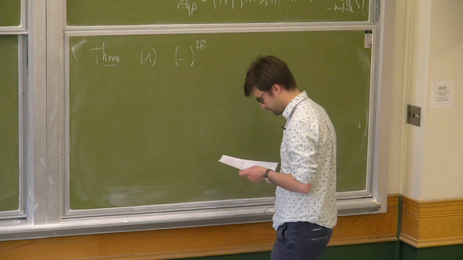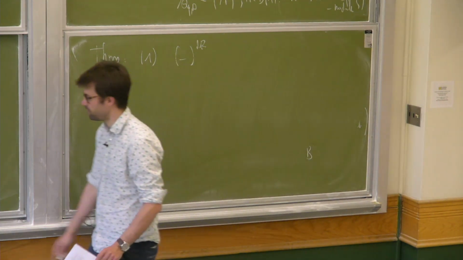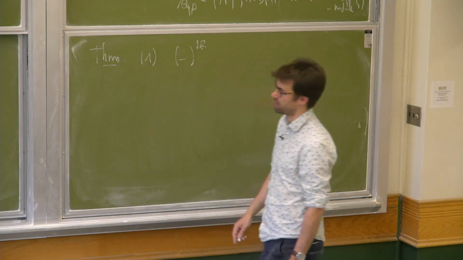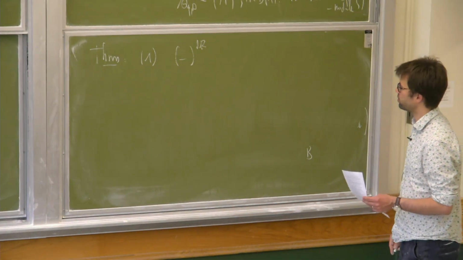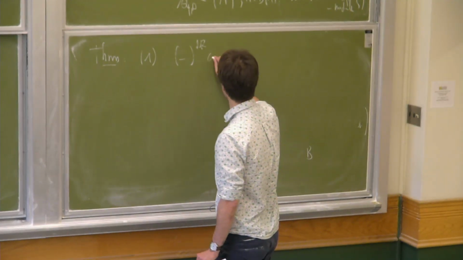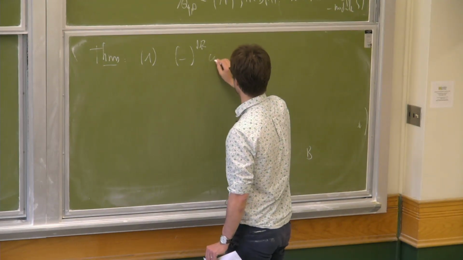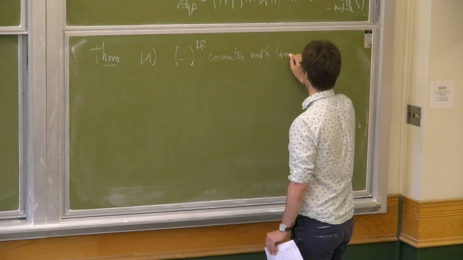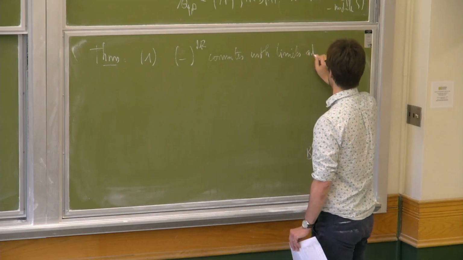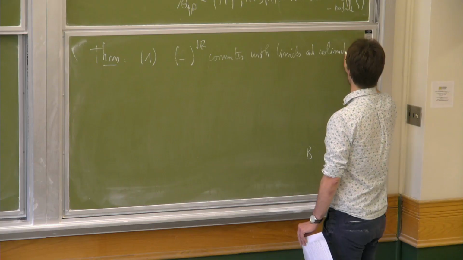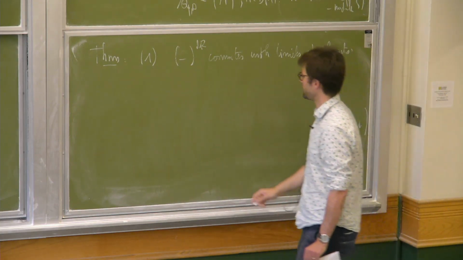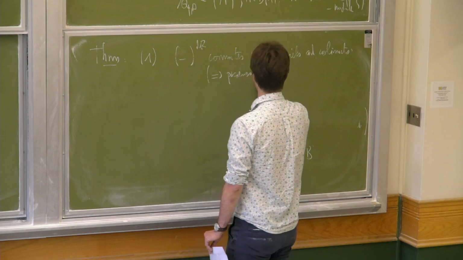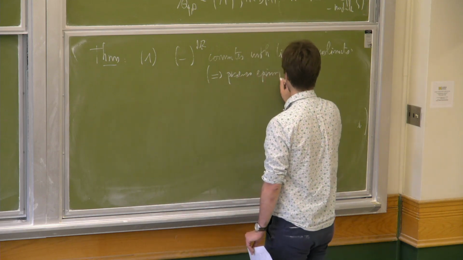And they also explain some of the restrictions that I put on my rings, like countability or finite dimensionality. So the first part of the theorem is that this functor commutes with limits and colimits, and so in particular it preserves epimorphisms.